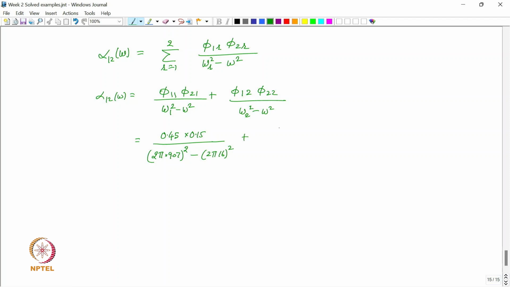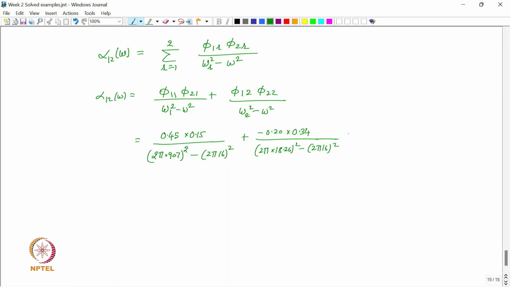and then phi 1 2, that is minus 0.20 into 0.34 divided by, now the second frequency is 18.26 hertz. So, 2 pi into 18.26 square minus 2 pi 16 square, correct.